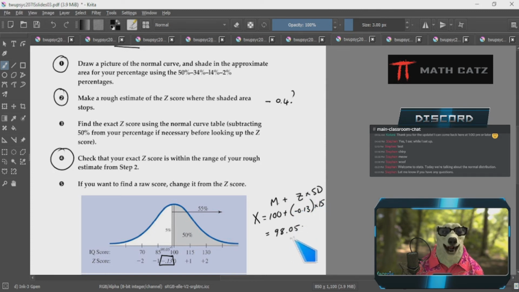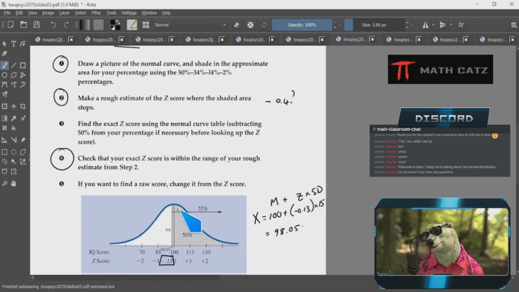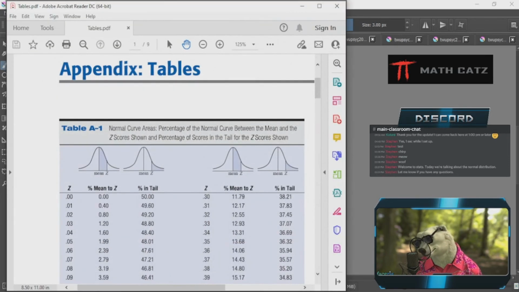And I get 98.05. So scores above 98.05 cover 55% of the data values in the set I'm working with. All of this just gives us time to look at the curve, work with these sections, and use the tables.